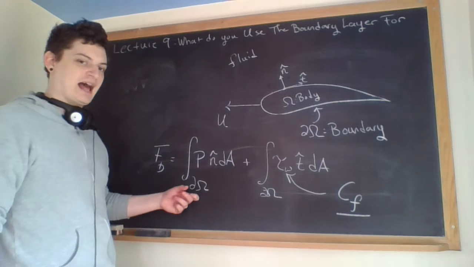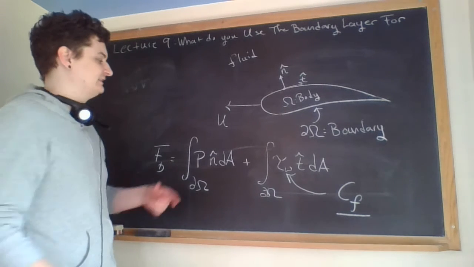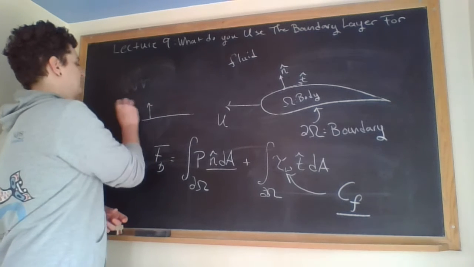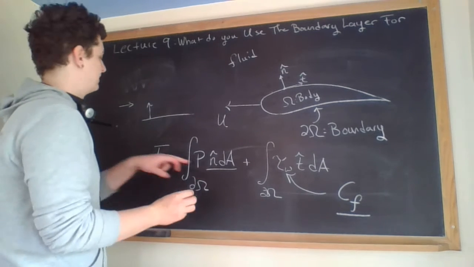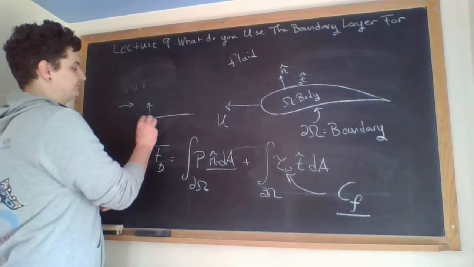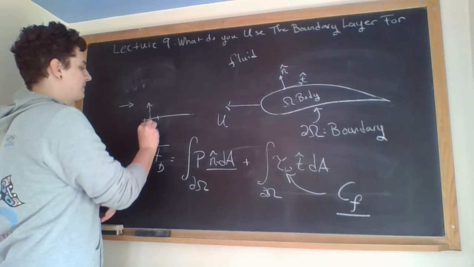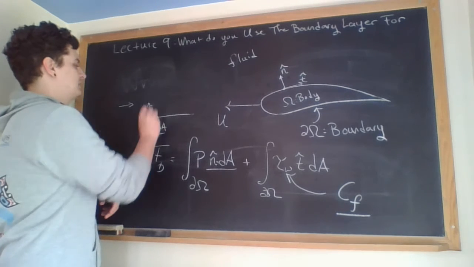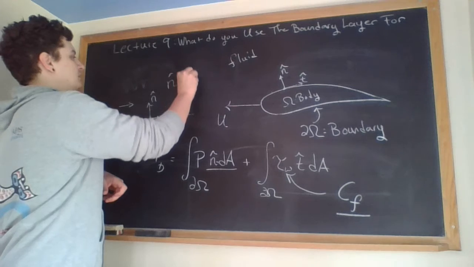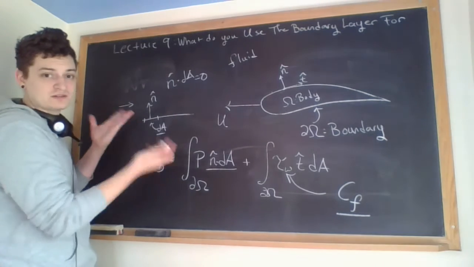If the plate's flat, then this is zero. Now, why is that the case? Well, if the plate is flat, then here's my normal vector, and then you have this pressure. So these little bits of area right here, they're perpendicular, so it's always zero.